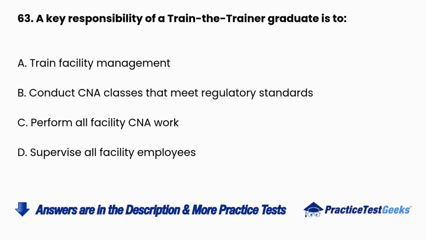A key responsibility of a train-the-trainer graduate is to A. Train facility management. B. Conduct CNA classes that meet regulatory standards. C. Perform all facility CNA work. D. Supervise all facility employees.